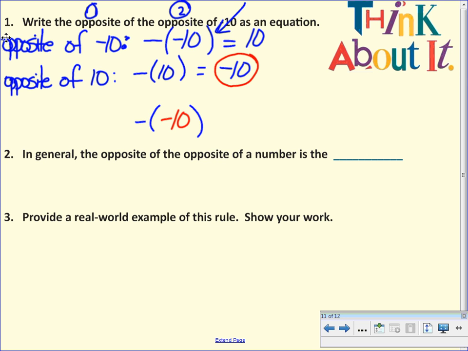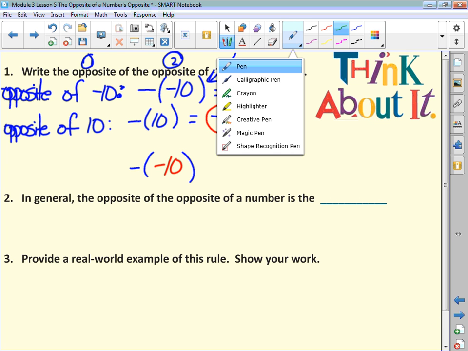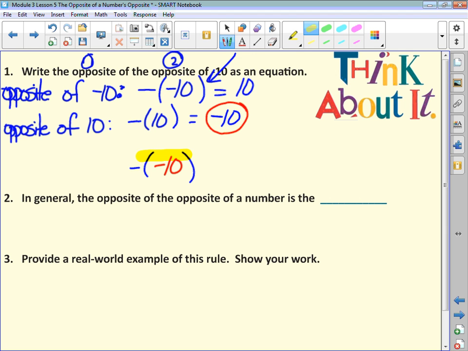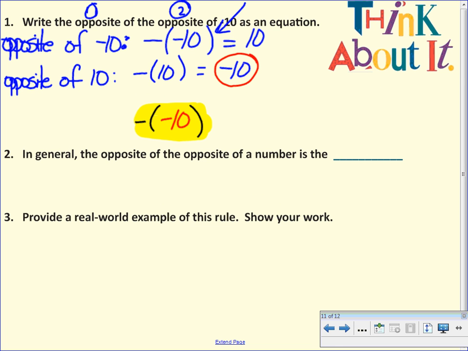So basically, I'm going to look at that now as a whole number. Wait, highlighter. So now I'm going to look at this as a whole number, if that helps. I need to now find the opposite of that.